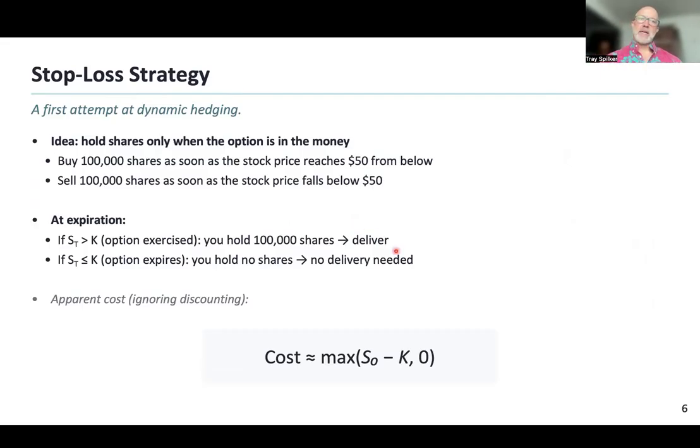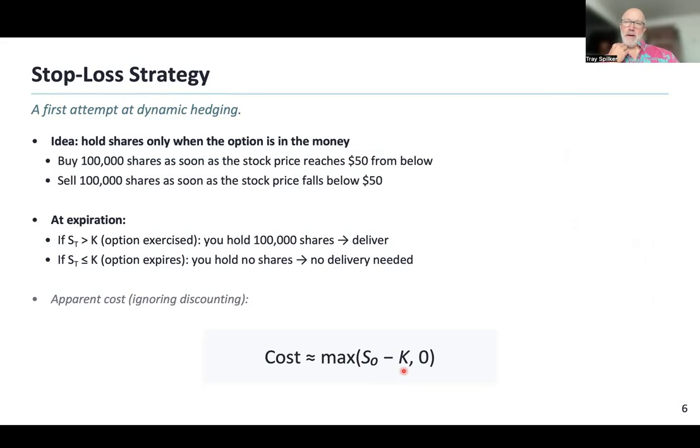And vice versa, we're not holding the underlying if the share price is below the strike price, so no delivery is needed, not a big deal. So the apparent cost looks, naively at least, like the payoff of the max between the share price and the strike price at maturity or zero, exactly mirroring the call option's payoff.